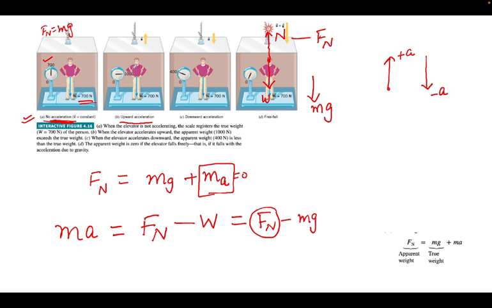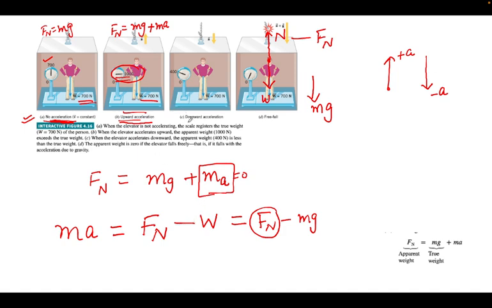So when it is moving upward, the total force the weighing machine shows is equal to mg plus ma, as acceleration is positive. That's why this weighing machine is showing a larger force, which is the sum of its weight plus m into a, that is the acceleration applied on that body.